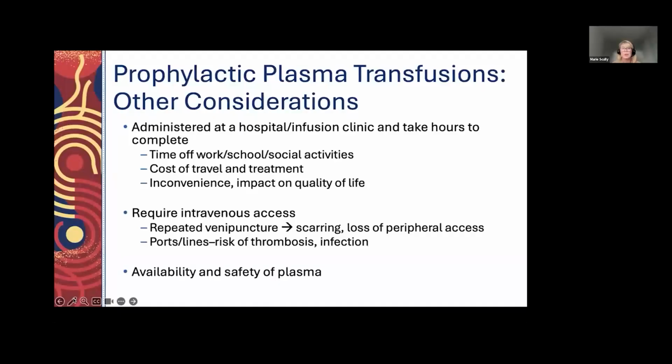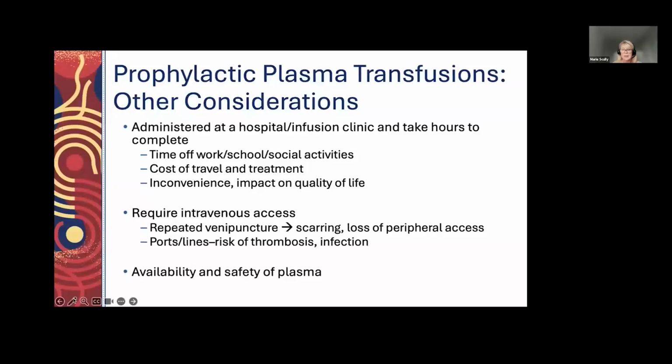Other considerations with plasma, these are obvious. The need to go to hospital or an infusion clinic, it takes a number of hours to complete every week or 2 weeks, which can really impact work, school, social activities, never mind the cost and the inconvenience, plus the impact on the quality of life, particularly if patients are beginning to have reactions to the plasma.